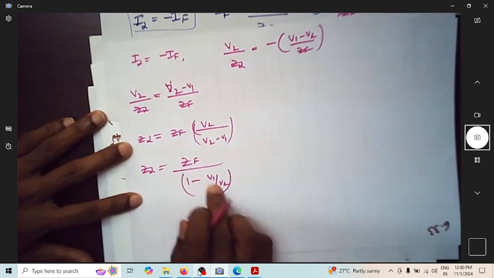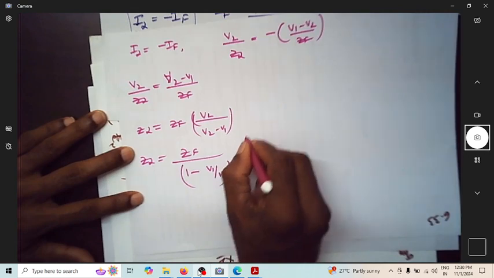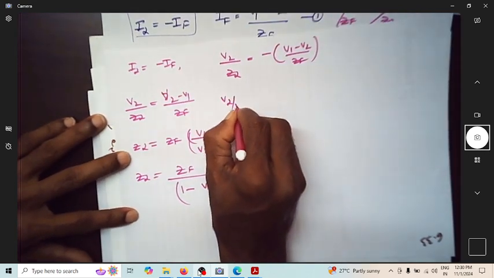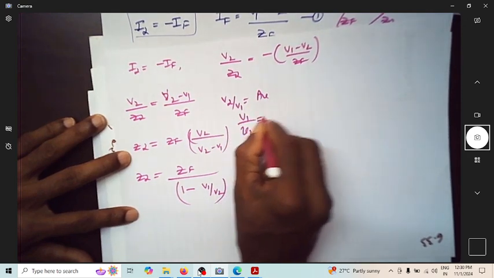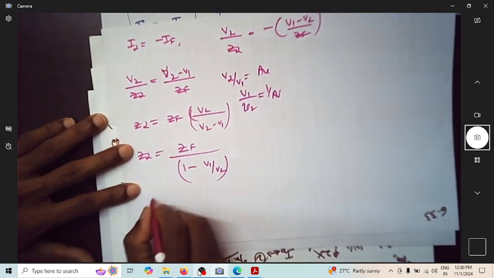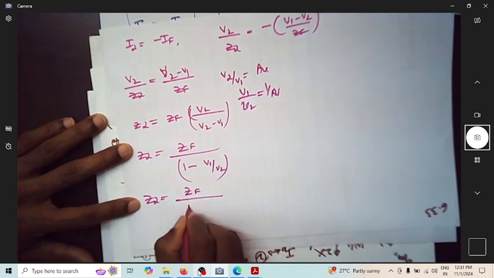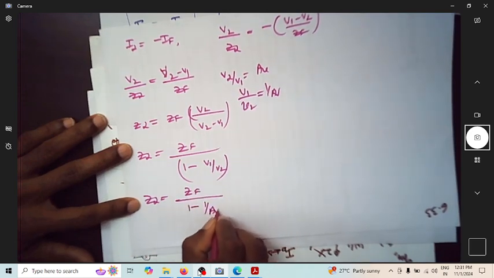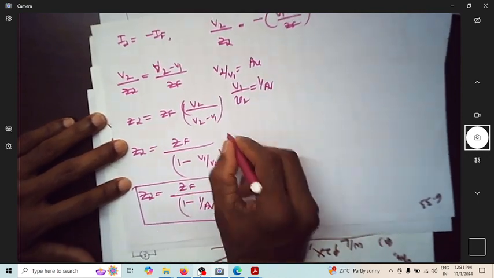So now what is this V1 by V2? It's actually 1 over the voltage gain. So actually V2 by V1 is AV, but V1 by V2 is 1 over AV. So can I now write Z2 is equal to ZF by 1 minus 1 over AV. This is what is Z2. What was Z1?